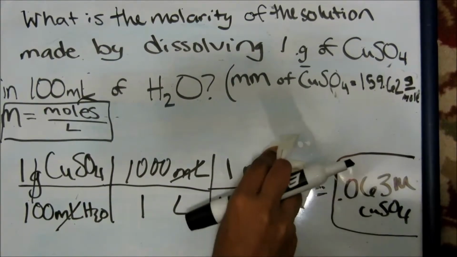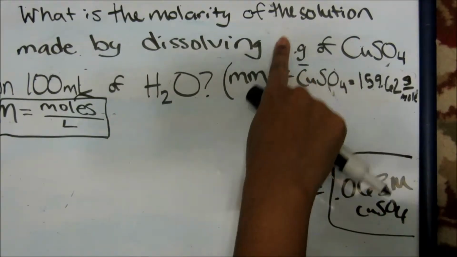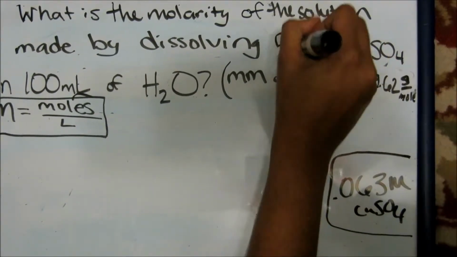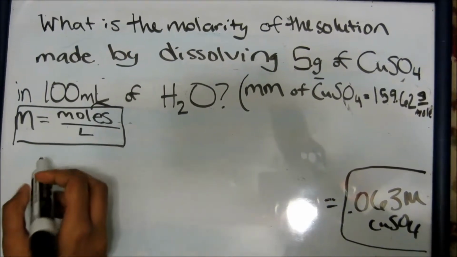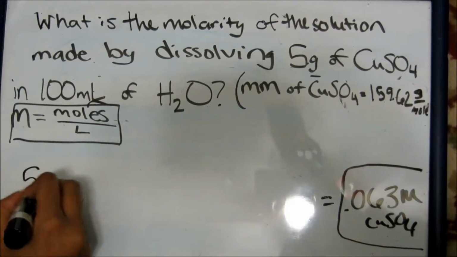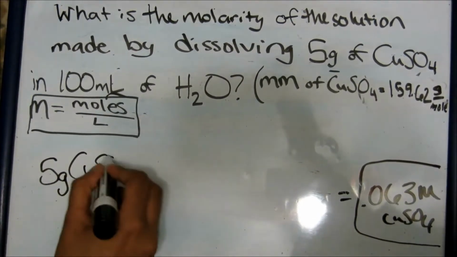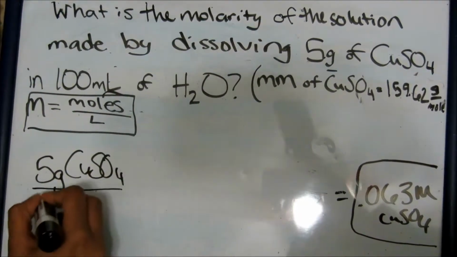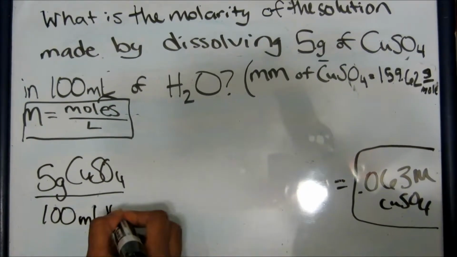Now for the second one, all we do is change the 1 gram into 5 grams of copper 2 sulfate. So we do the same thing, but change from 1 to 5 grams of copper 2 sulfate over 100 milliliters of water.